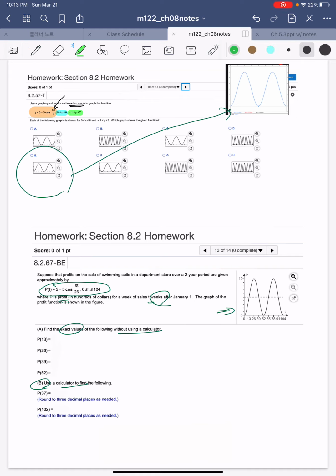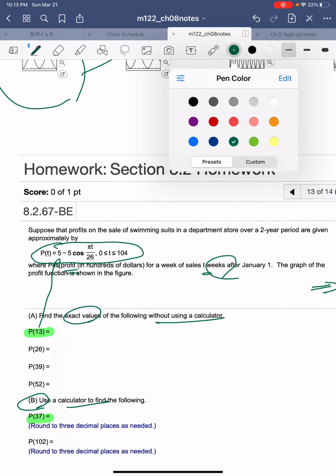So here I'm only going to do the very first one, and then the remaining ones you can try on your own. Let's try one without using a calculator. That means I need to take the input of 13 and plug it in over here. So let's write it out.